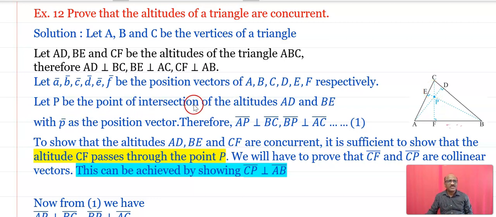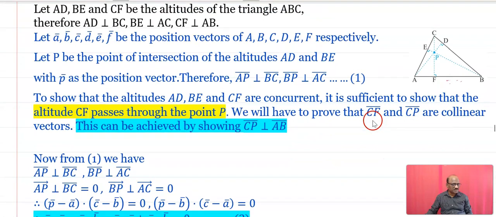Let P be the intersection with p bar as its position vector, and therefore we are considering that AP bar is perpendicular to BC bar, and BP bar is also perpendicular to AC bar. This is our consideration.